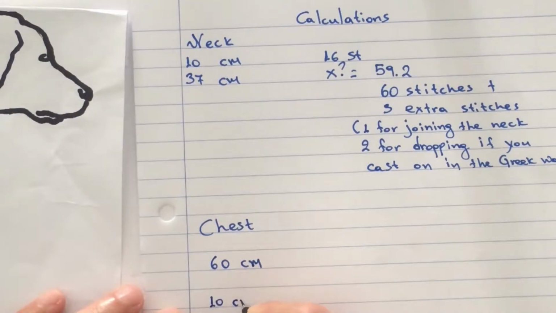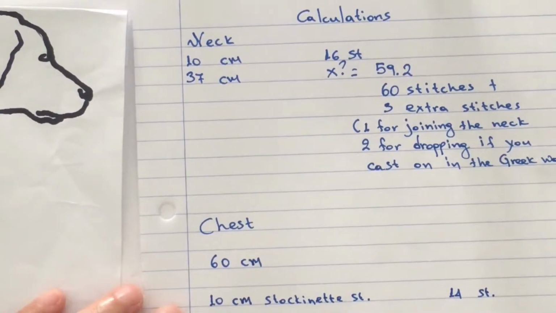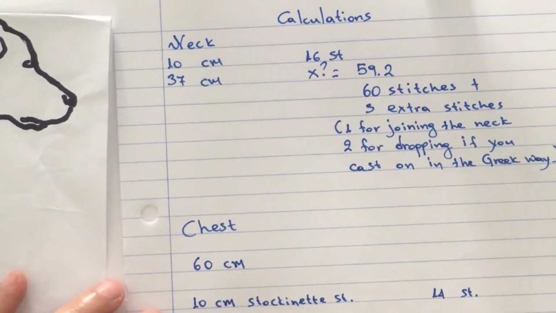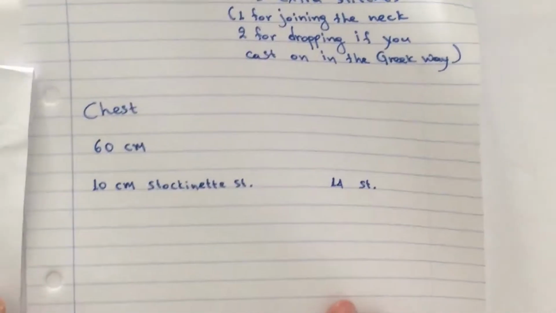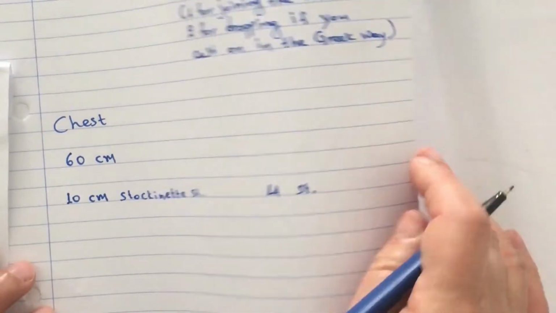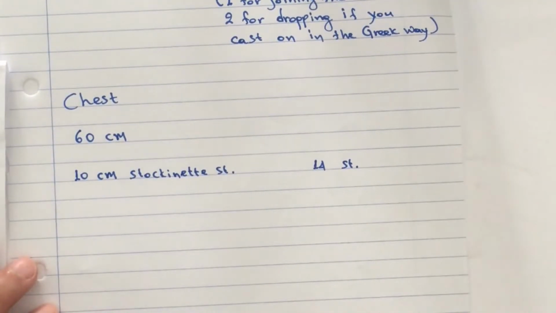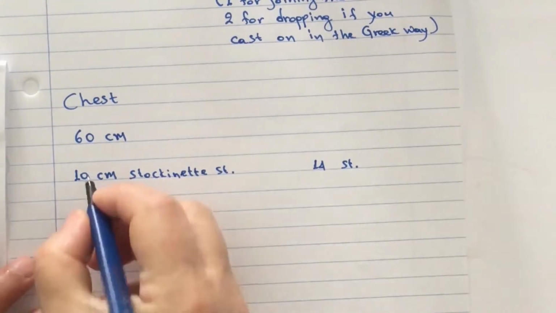So I know that the chest of my dog is 60 centimeters. And what I know is that I'm going to use that stockinette stitch for this part of my knitting project, and because I have already knitted a gauge swatch, I know that in order to get 10 centimeters of stockinette stitch with this yarn and these needles, I need to knit 14 stitches.